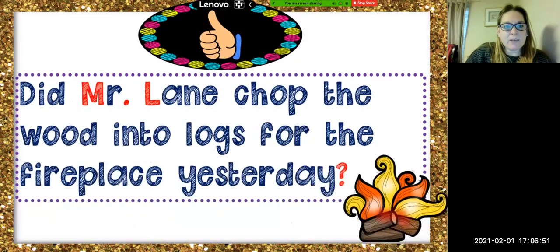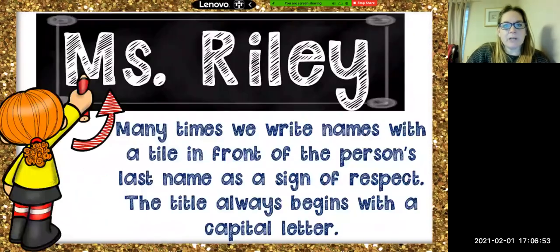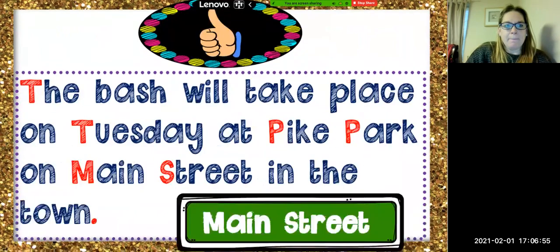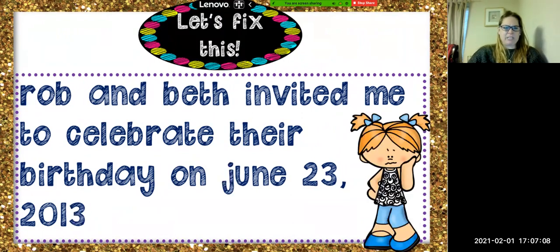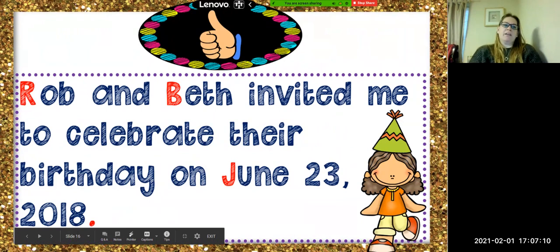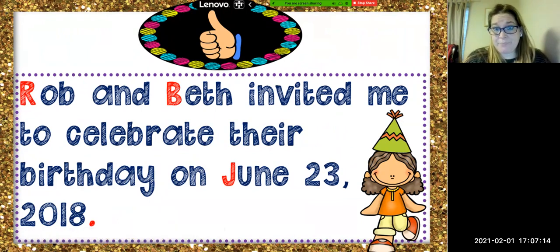Okay, let's go back. Actually, I want to look at those other sentences. We forgot to find the nouns and verbs. Okay, so we have Rob and Beth invited me to celebrate their birthday on June 23rd, 2018. That one says 13, doesn't it? All right, so we already know that Rob is a proper noun and Beth is a proper noun.